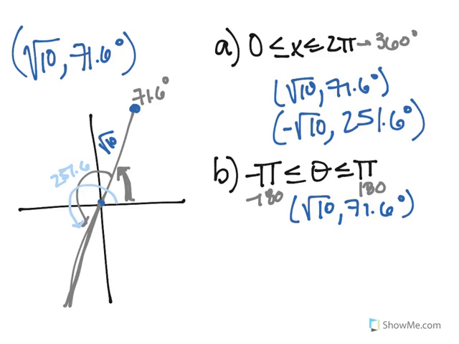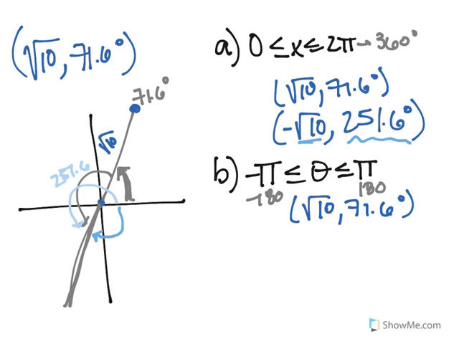Now, I can have negative angles here. So we're going to keep our lines kind of the same as we have right now, but instead of doing positive 251, we are going to go the opposite way. So what if I had gone this way to the exact same angle? I can still have my negative root 10, and it's the exact same angle as my 251, but it's going the opposite way.